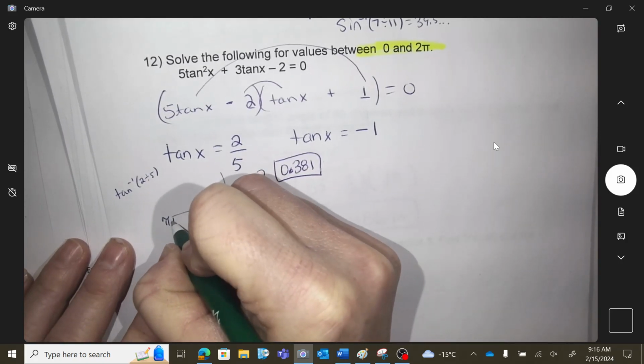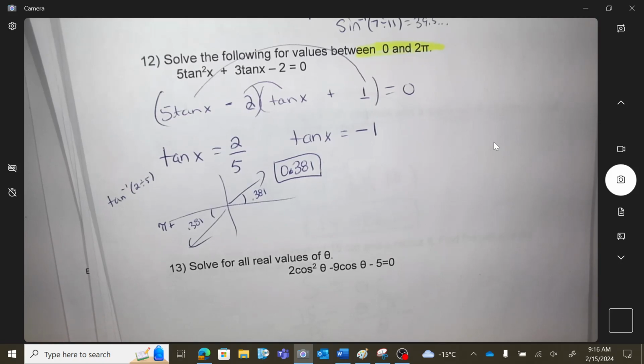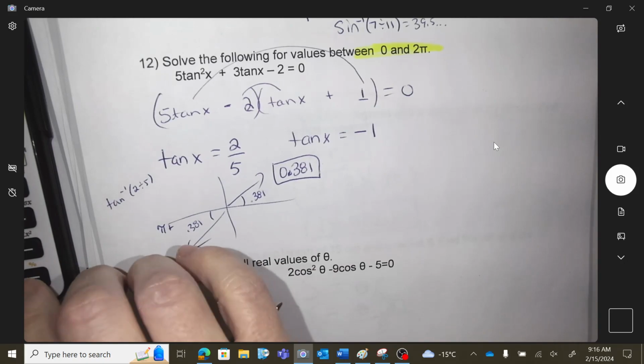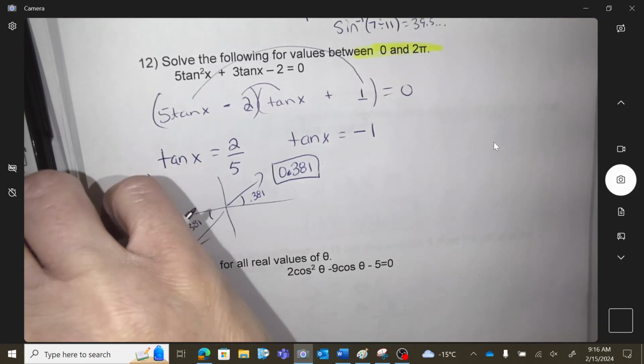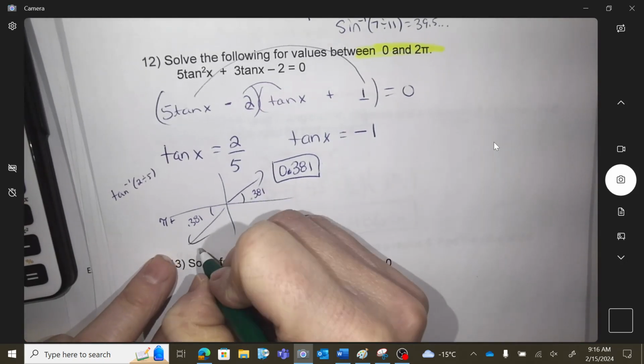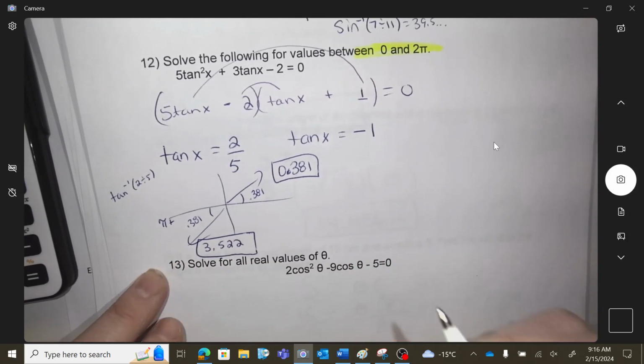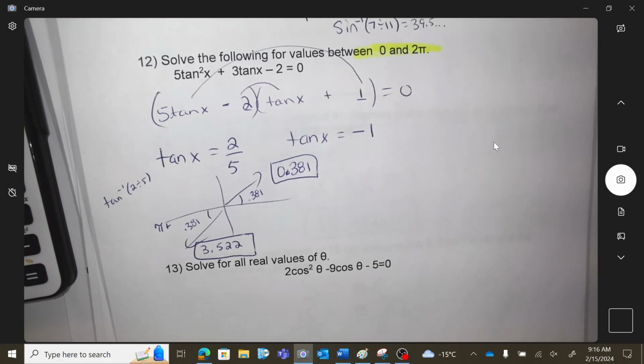And this one should be pi plus answer. Okay, I'm never rounding until the end, so I'm always doing pi plus answer, so that my 3 decimal places isn't thrown off.